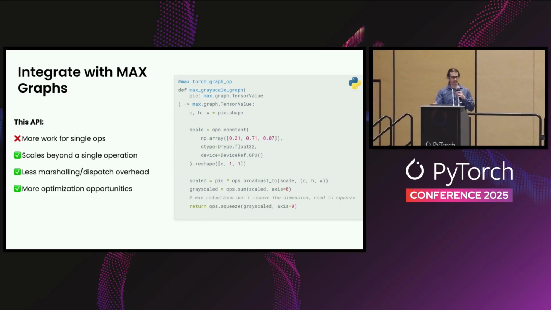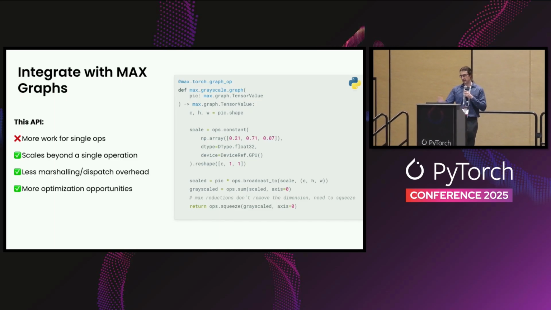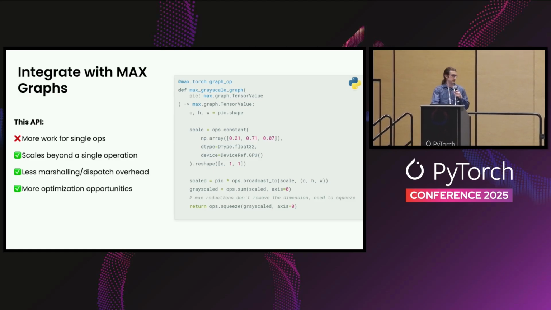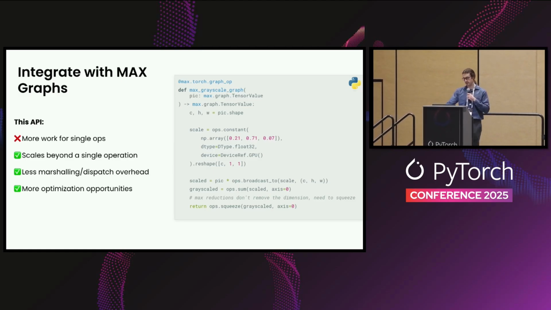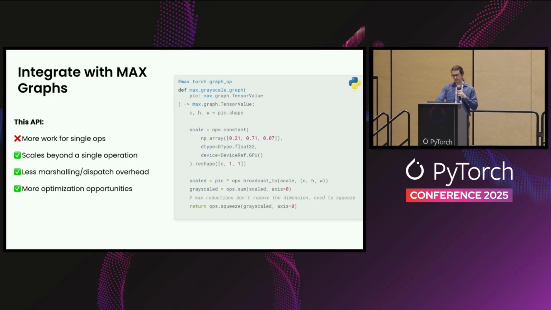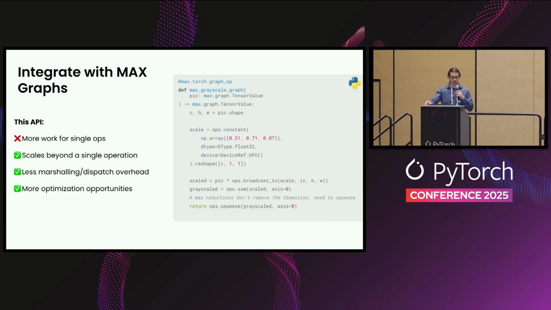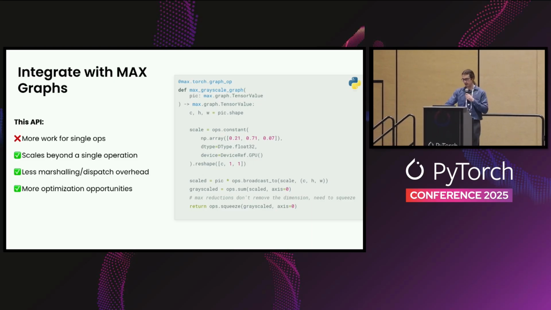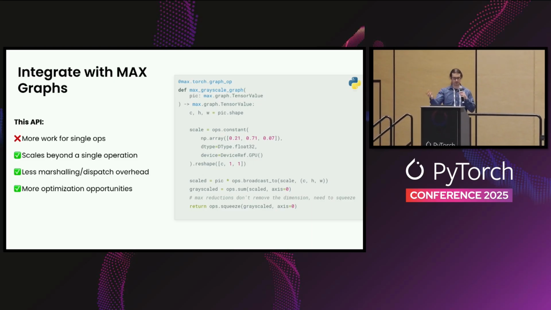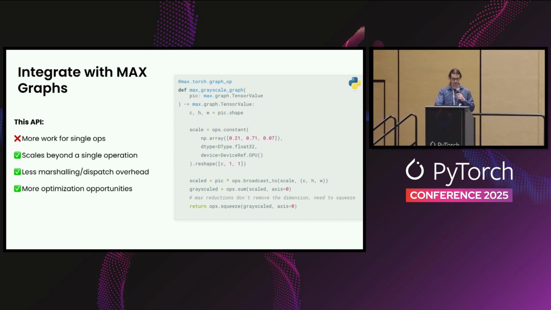As I mentioned previously, the Graph API is intended to look like you're composing tensor computations very similarly to how PyTorch works. To do the grayscale computation, we create a new constant of the per color channel correction factors, multiply the input tensor, and then sum across the three color channels.